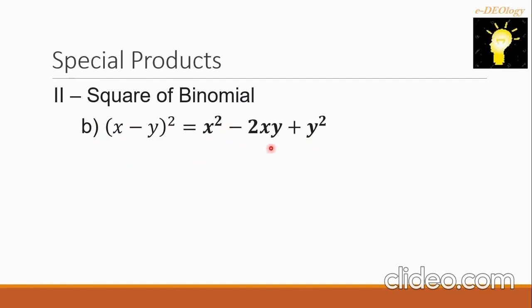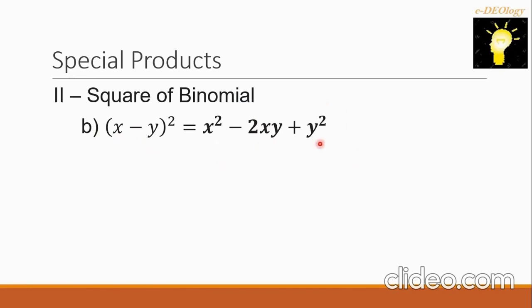If you look at the middle term, we simply multiply by 2 and then times the product of these two terms here. So x multiplied by negative y, you will get a negative sign. That's why you see here there is a negative sign. So negative 2xy in the middle term.